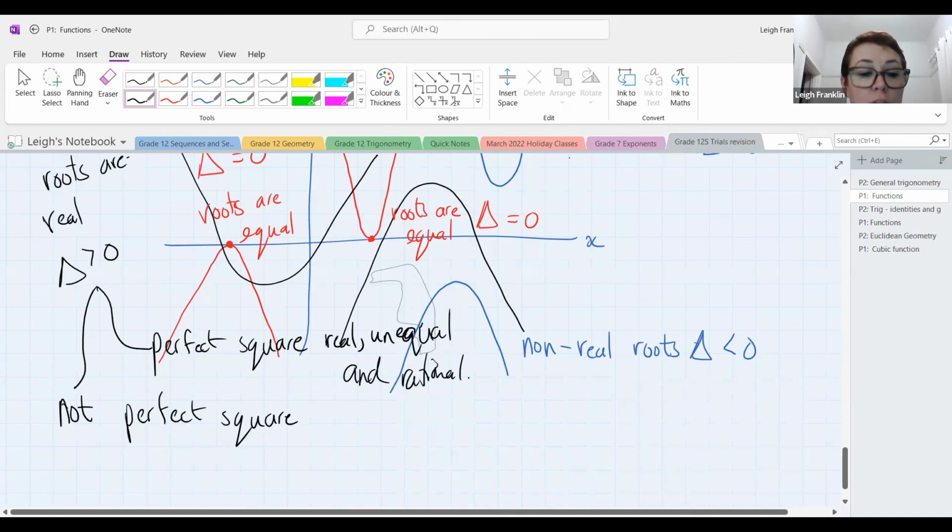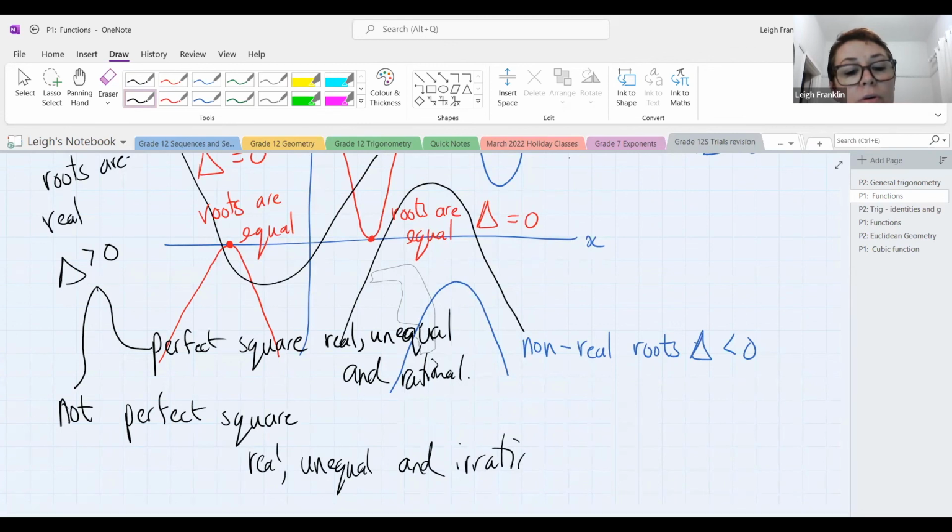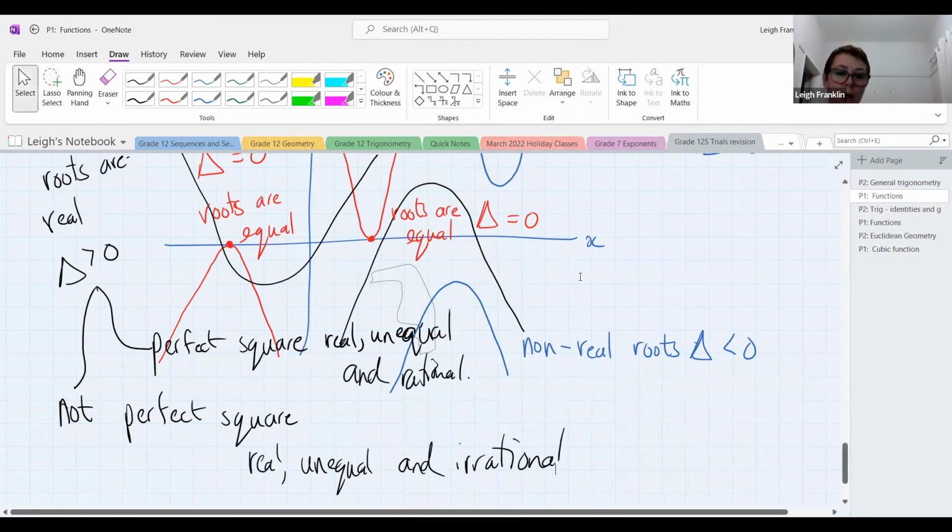If it's not a perfect square, your roots are going to be real, unequal, and irrational. So that's just a quick summary of the story with the roots.